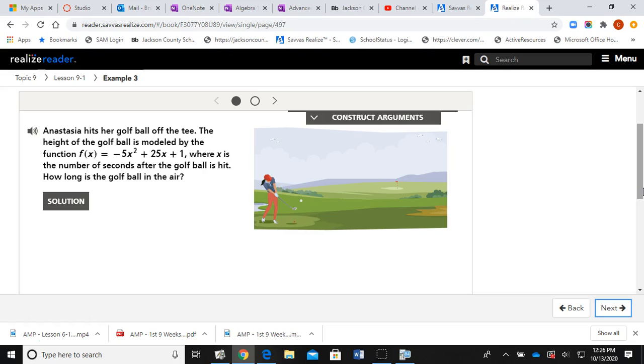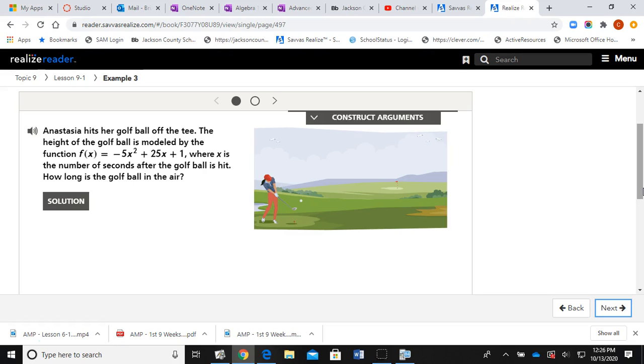Okay, so how long is our time, right? She hits it, and as it's in the air, time is ticking. Nothing stops time. I'm measuring two things.